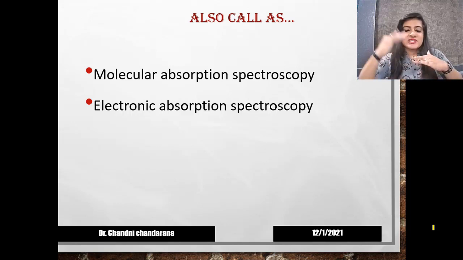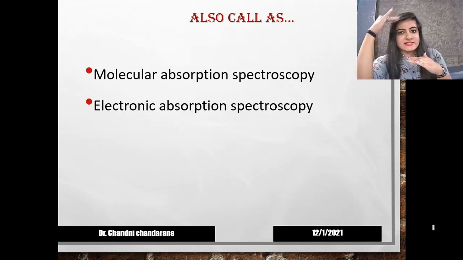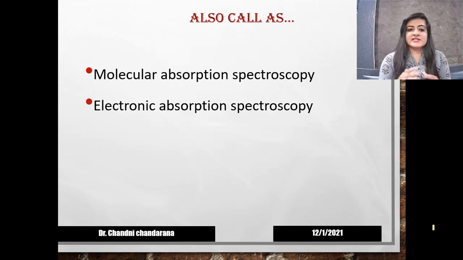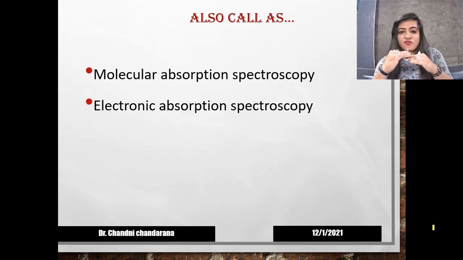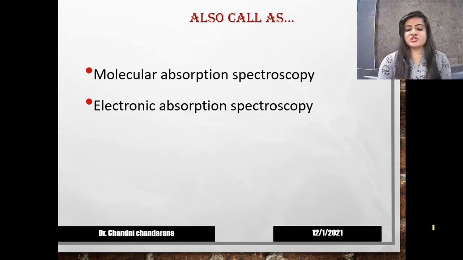There is a change in the energy of the electron from the ground state to the excited state. So it's a change in the state of the valence electron. That's why it is also known as electronic absorption spectroscopy. So, the basic principle is electronic transition.